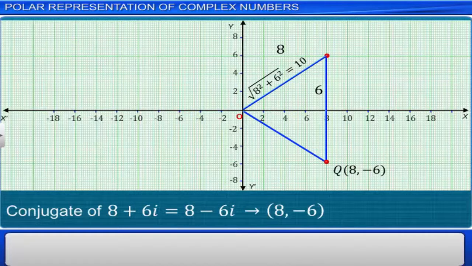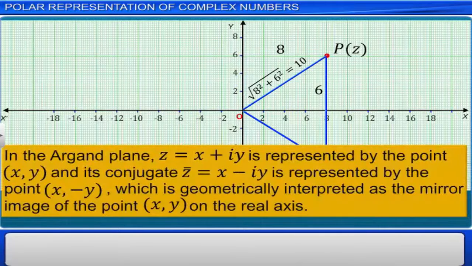Here, it is observed that point Q is the mirror image of point P. In the Argand plane, complex number z equal to x plus iy is represented by the point (x, y), and its conjugate z bar equal to x minus iy is represented by the point (x, minus y), which is geometrically interpreted as the mirror image of the point (x, y) on the real axis.